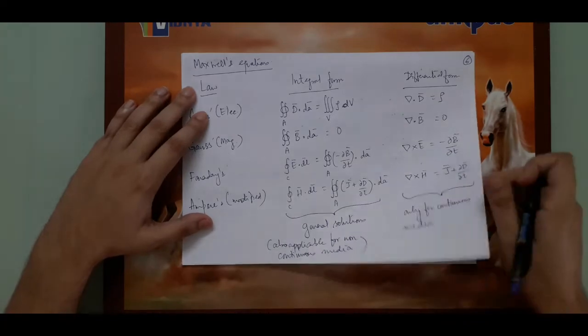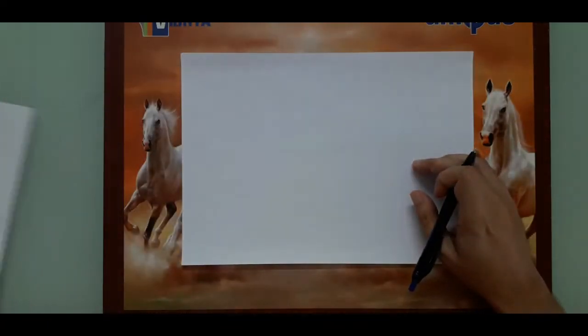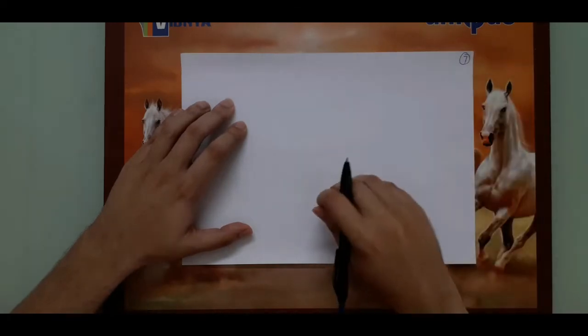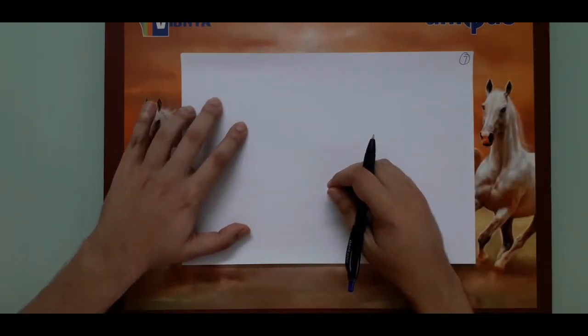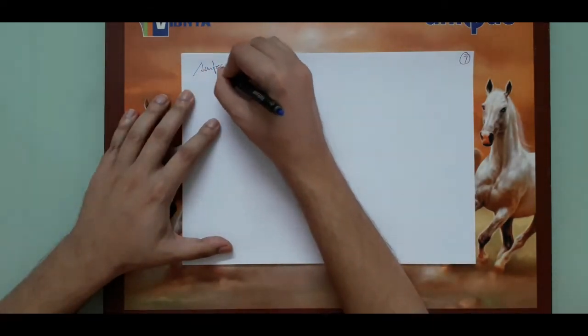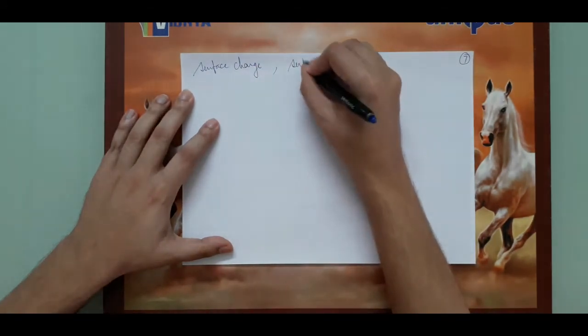Now before we observe what happens at the boundary of two media, let us define some quantities. Let us define something called surface charge and surface current.